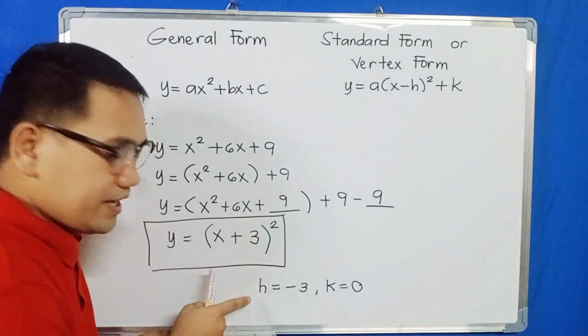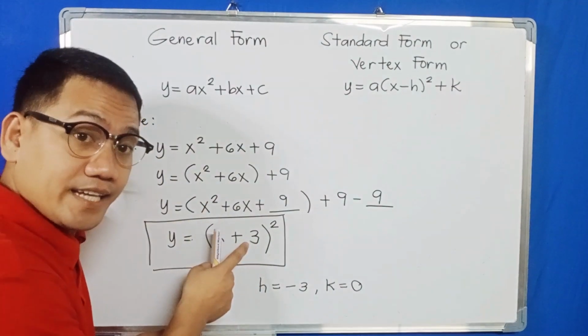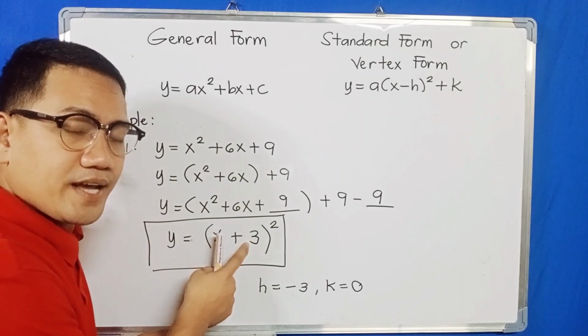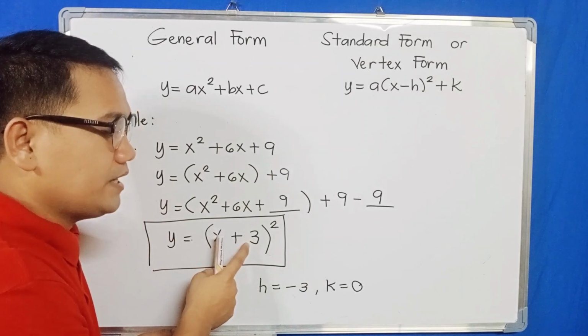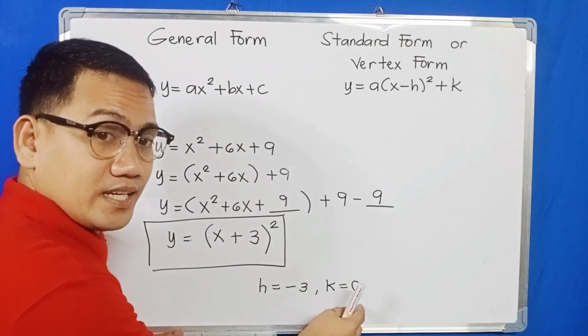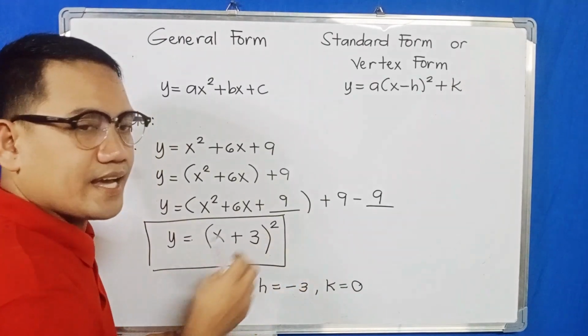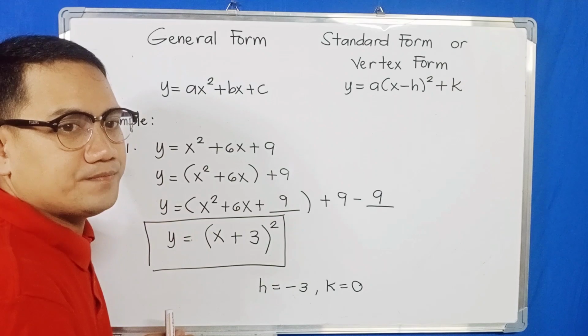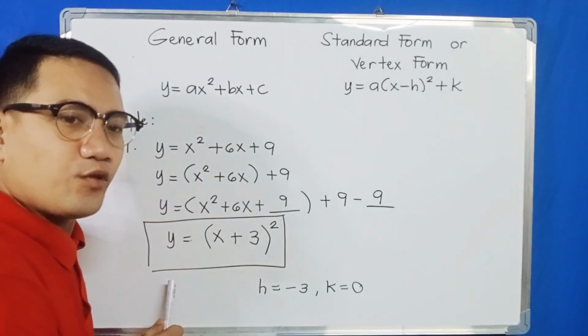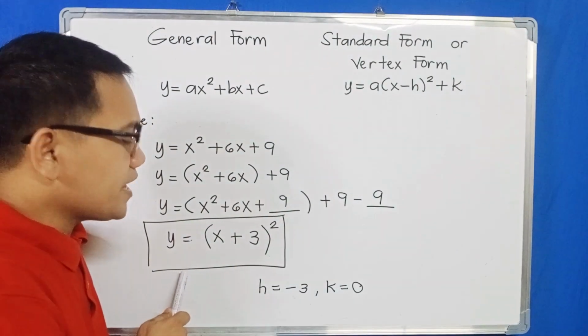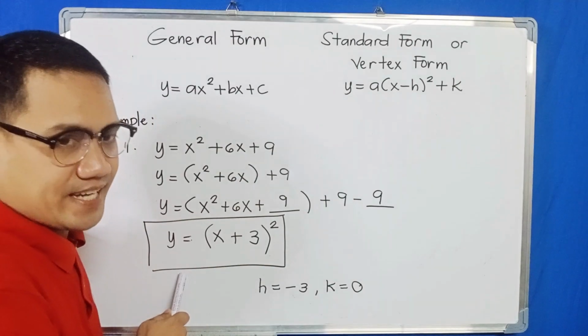To determine our h, we will get the opposite sign of the constant present in our square of a binomial. And for our k, we will simply copy the constant present outside our square of a binomial. So this would be the vertex form of y equals x squared plus 6x plus 9.